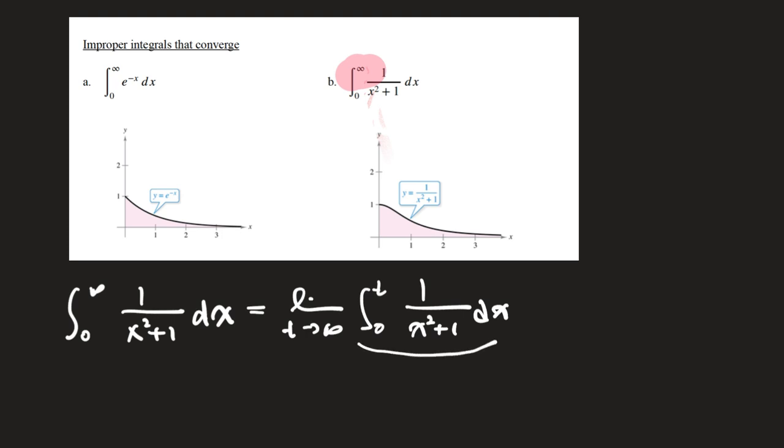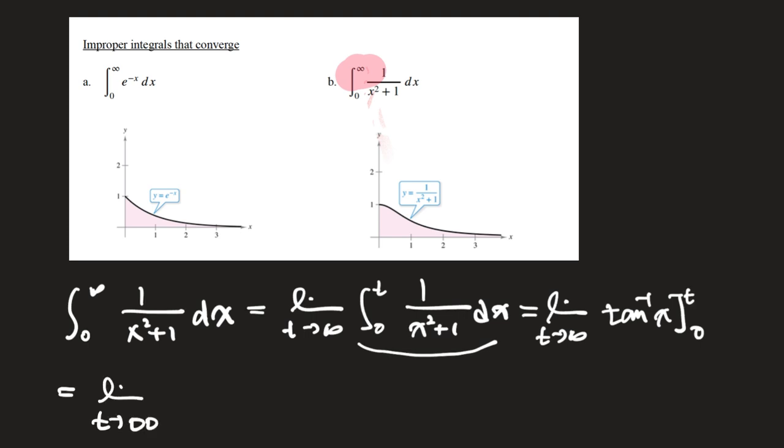Now calculate this integration. The antiderivative of 1 over x squared plus 1 is arctangent x, evaluated from 0 to t, so the limit as t approaches infinity of arctangent t minus arctangent 0. Anyone remember arctangent t as t approaches infinity?